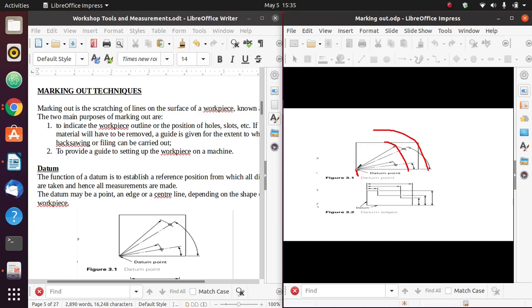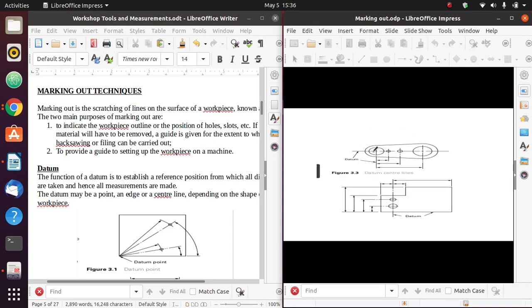Kwa mfano, if I'm drawing a circle or an arc, and I want to find out the radius of a particular position on my workpiece, that datum will be a point. This is an edge. If I'm taking a datum as this line, then this is an edge datum.